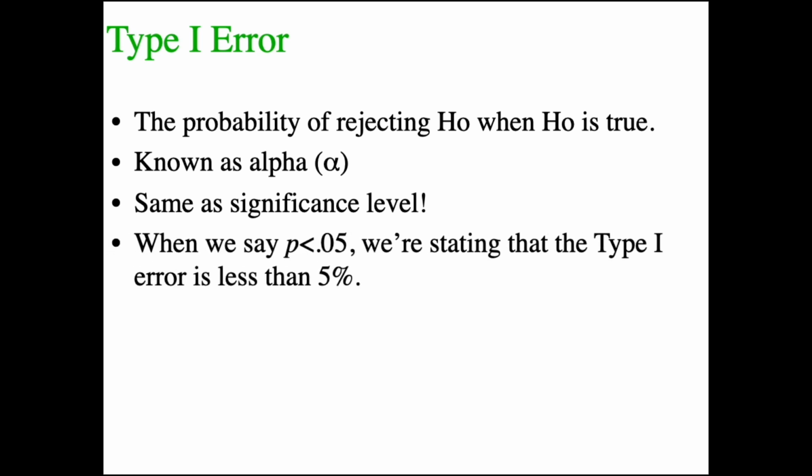So when we say p is less than 0.05, we're stating that the type 1 error here is less than 5%. So our chances of making a type 1 error are happening less than 5% of the time. So that's something that we usually decide beforehand, what acceptable level of alpha we're going to have.